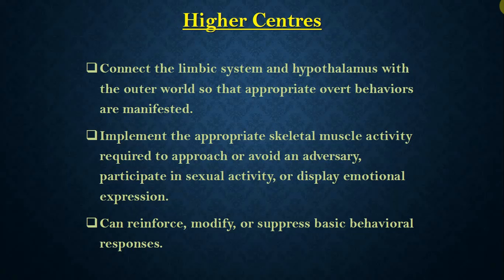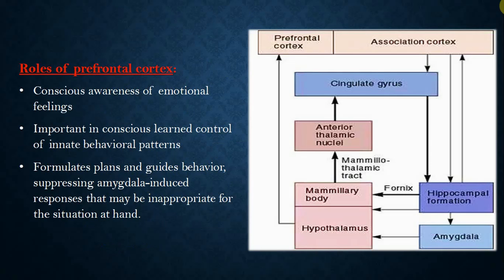Cortex provides the neural mechanism necessary for implementing the appropriate skeletal muscle activity required to approach or avoid an adversary, participate in sexual activity, or display emotion and expression. Higher cortical levels can reinforce, modify, or suppress basic behavioral responses so that actions can be guided by planning, strategy, and judgment based on an understanding of the situation.